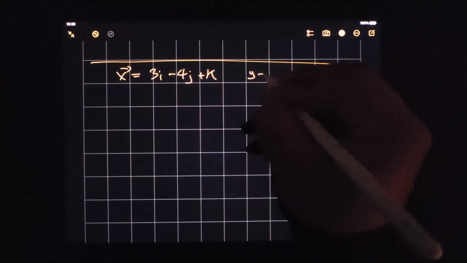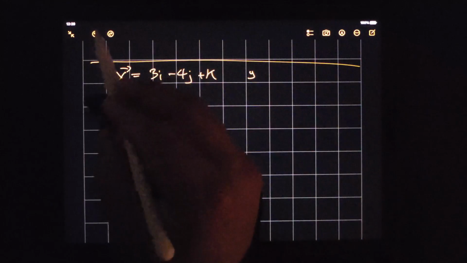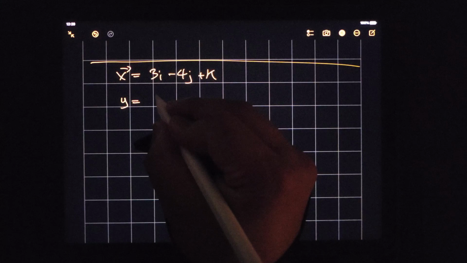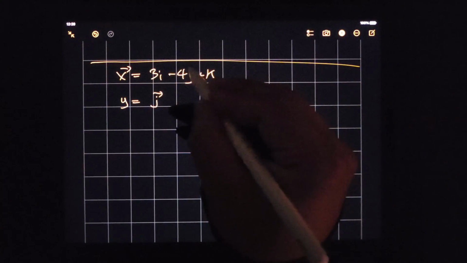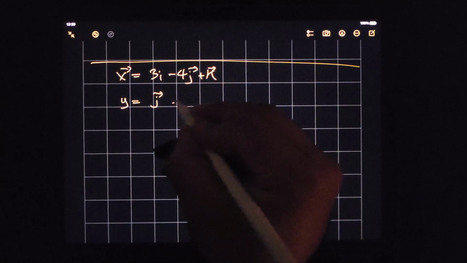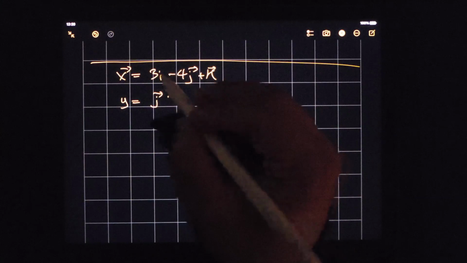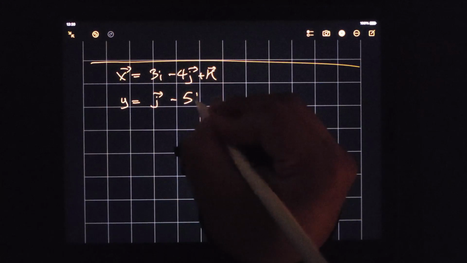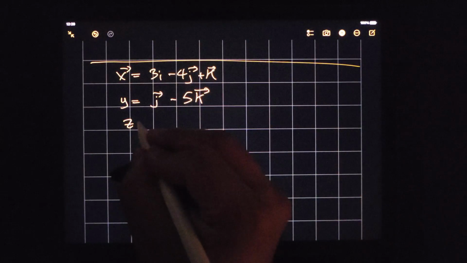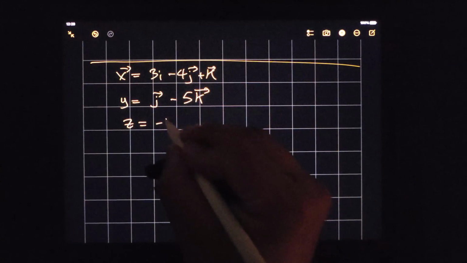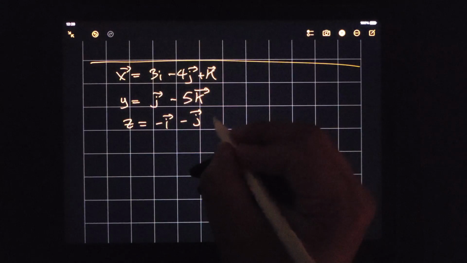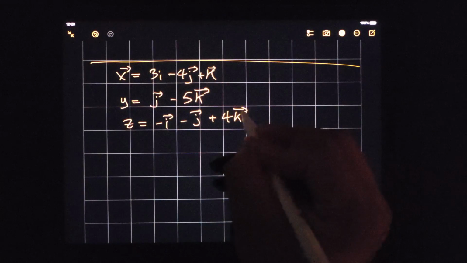And let's say y is equal to j minus 5k, and let's say we have z, which is equal to negative i minus j plus 4k.